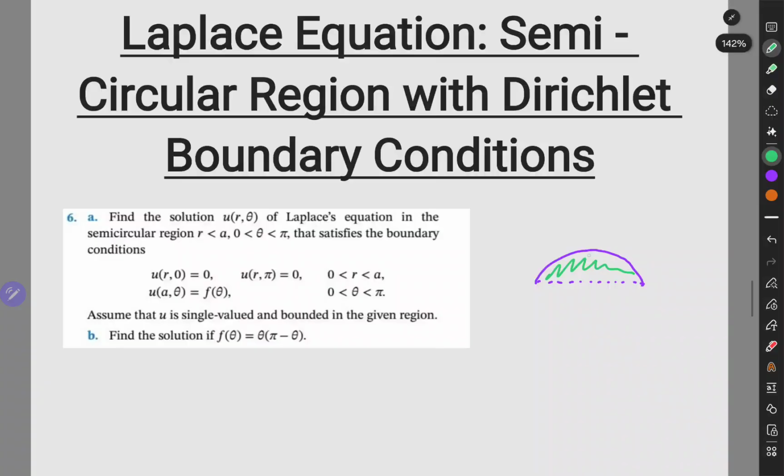So this is a. It should look more circular. Get the idea, because it's going to be the same radius throughout. This is what we're solving for.